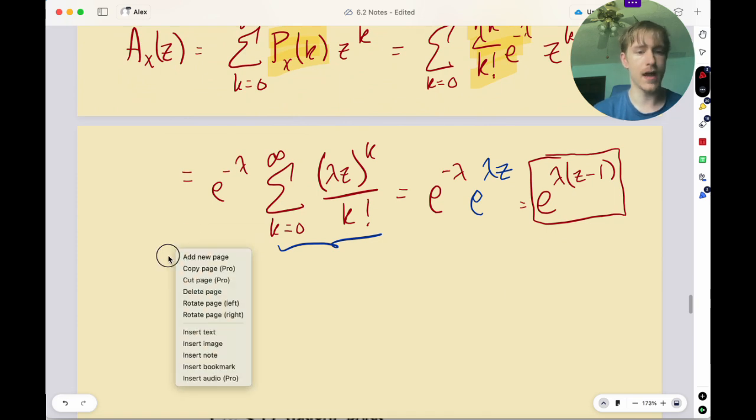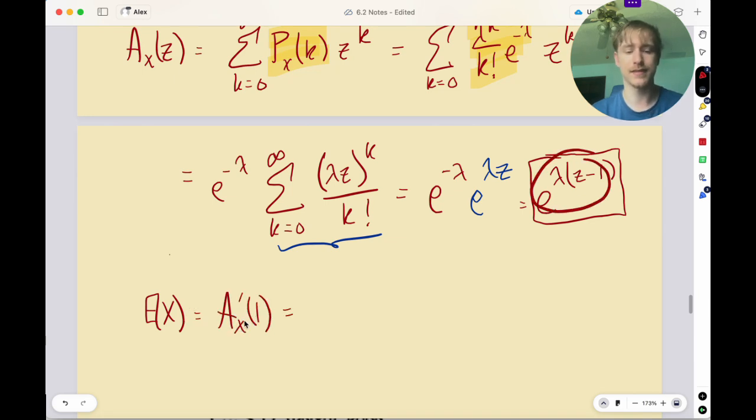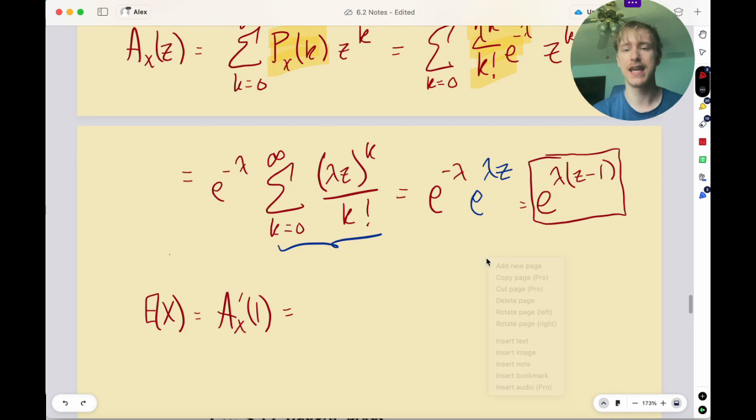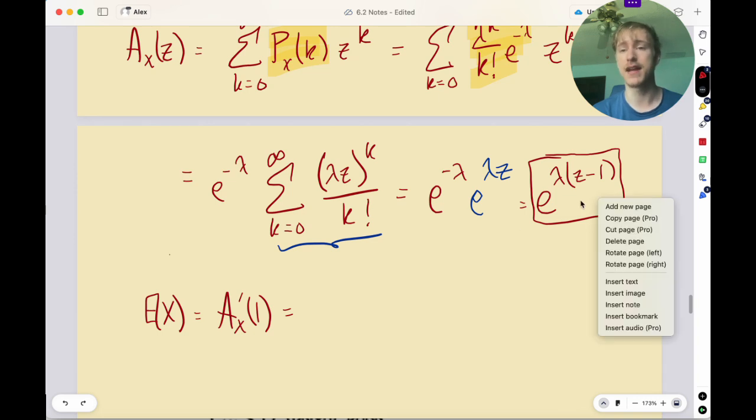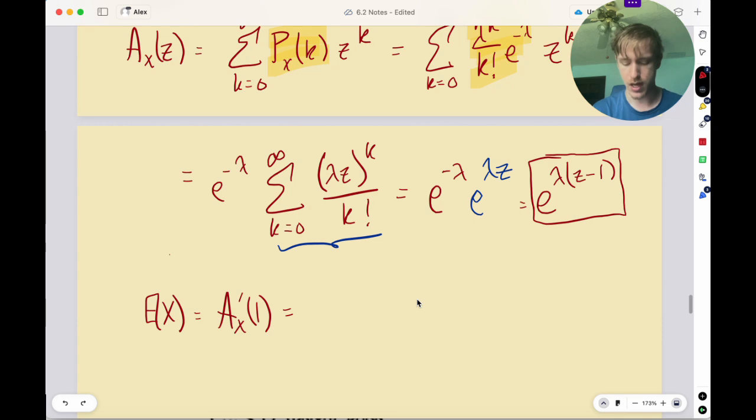The expected value should just be the first derivative evaluated at 1. So let's take the derivative of this. E to some power, that's going to go ahead and be analytic. And then since lambda times z minus 1 is also analytic, the composition of those functions are going to be analytic.